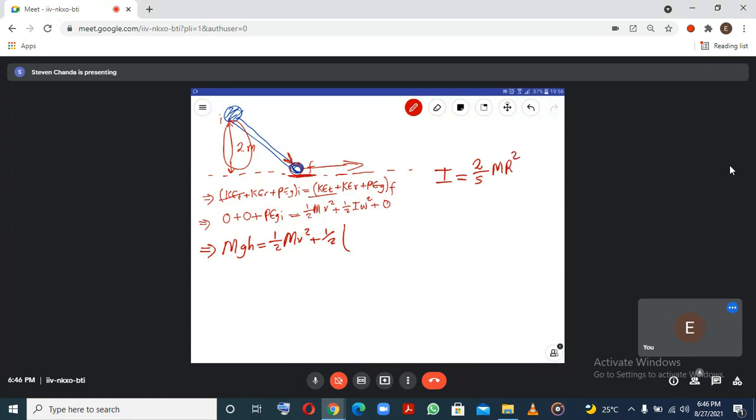So that's that. Then what can you do at this point? At this point you can make the equation easier. I'm sure you know that we can divide through to get rid of m.